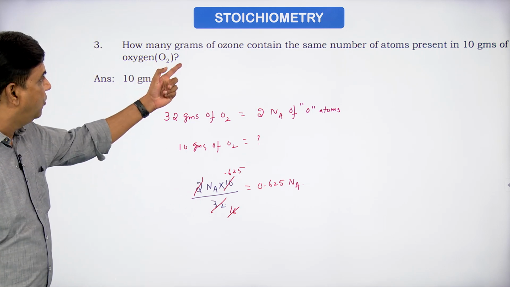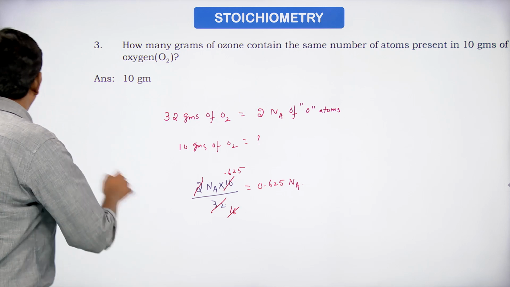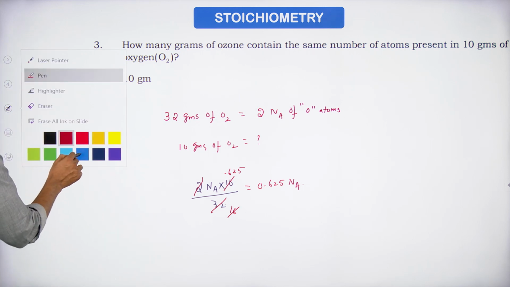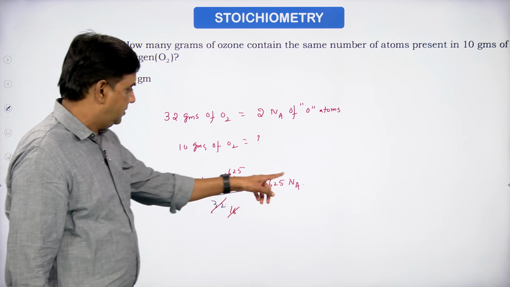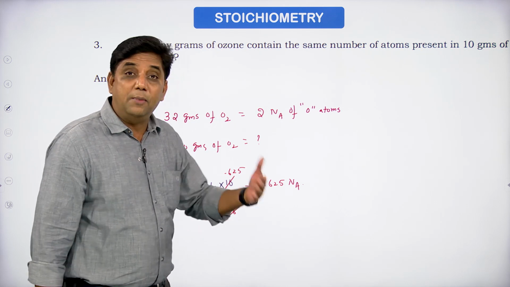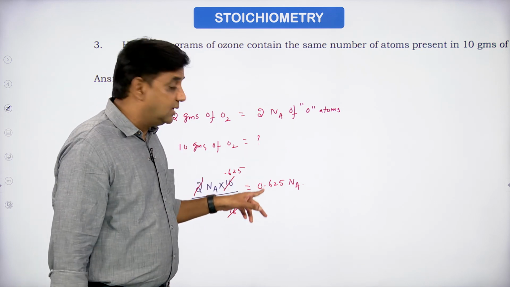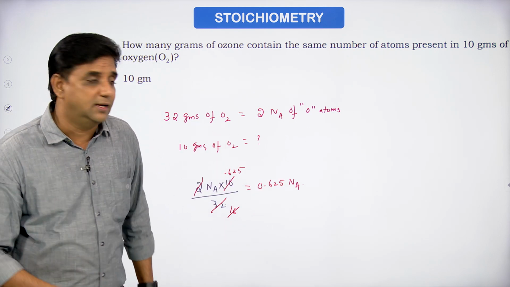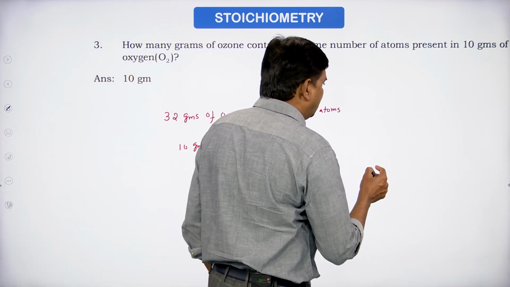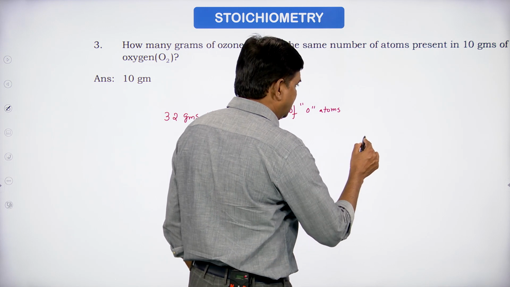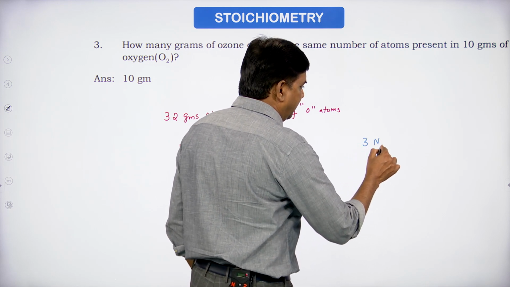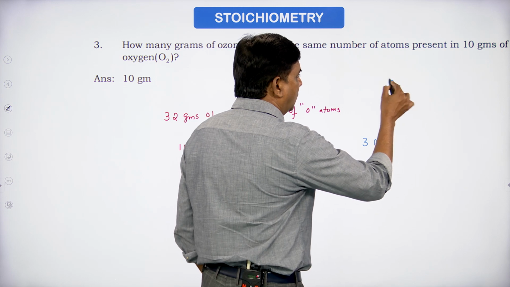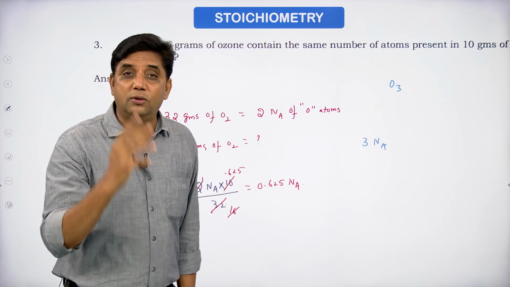Now we have to go for the ozone. So how many grams of ozone contains the same number of atoms? Let us see the mass of ozone that contains 0.625 moles of oxygen atoms. We know that ozone is O3. One ozone molecule contains 3 oxygen atoms.